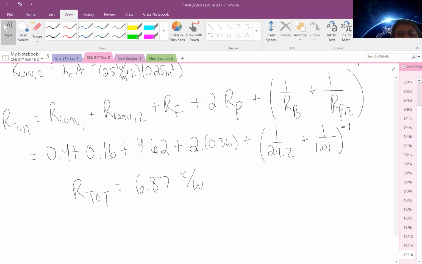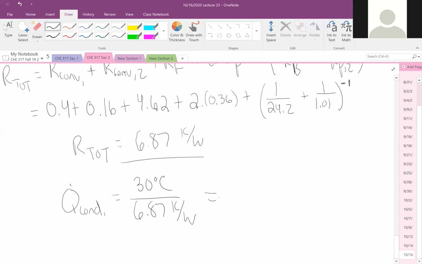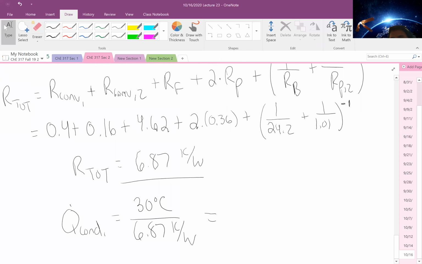So a lot of work just to find the total resistance. But now that we have it, we can say therefore our conductive heat transfer rate is simply 30 degrees over 6.87 kelvins per watt. A different value. I'm not sure if I did it wrong, because I got 3.8 kelvins per watt. Well, let me, I'm more than happy to double check.